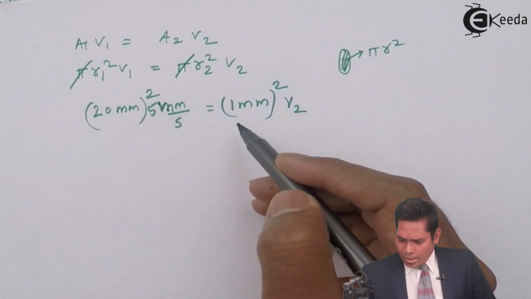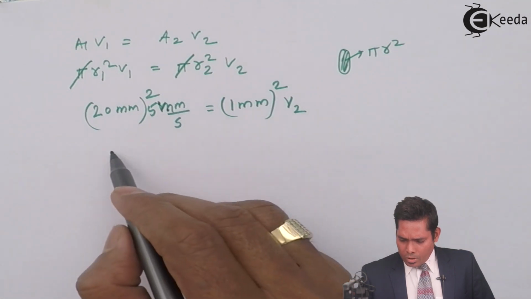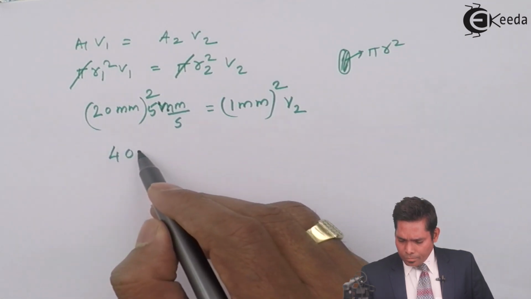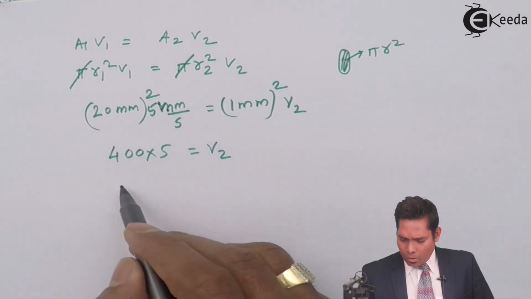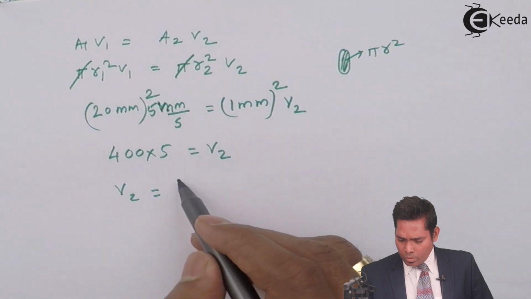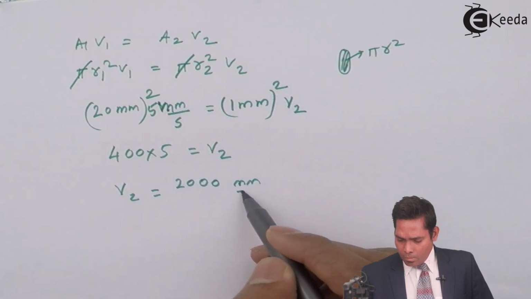The mm square cancel out, so the answer will be in mm per s. This is 400 into 5, equal to V2, or V2 equals 2000 mm per second.